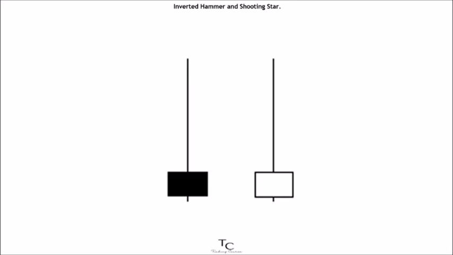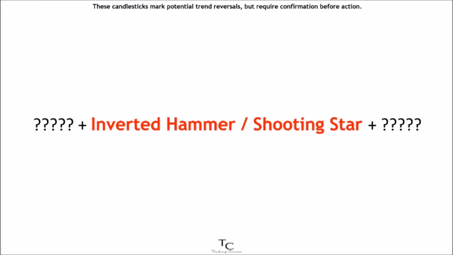Inverted hammer and shooting star. The inverted hammer and shooting star look exactly alike, but have different implications based on previous price action. Both candlesticks have small real bodies, black or white, long upper shadows and small or non-existent lower shadows.